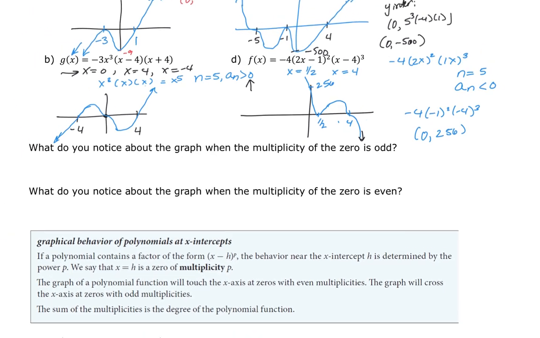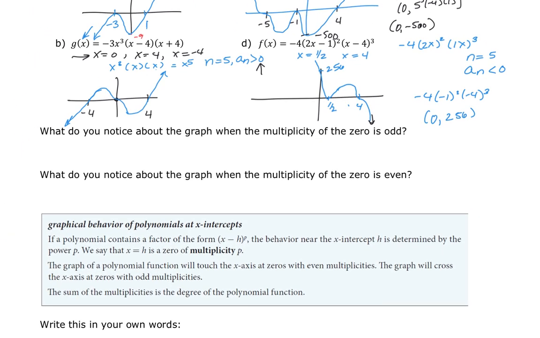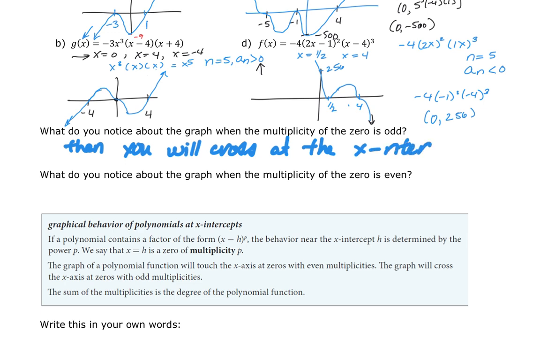Okay, so what do you notice about the graphs when the multiplicity is odd? If the multiplicity is odd, then you will cross at that x-intercept. And you will cross based on what that multiplicity is.